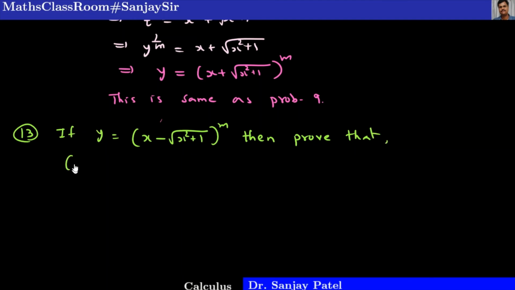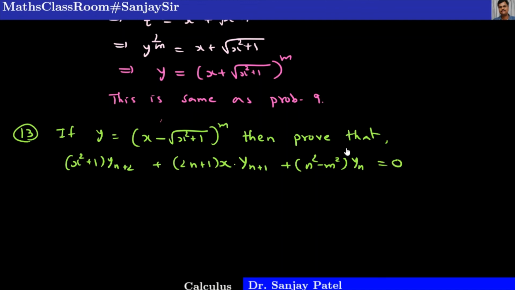(x square plus 1) into y_(n+2) plus (2n plus 1) into x into y_(n+1) plus (n square minus m square) into y_n is equal to 0. So that required result is same as problem number 9.